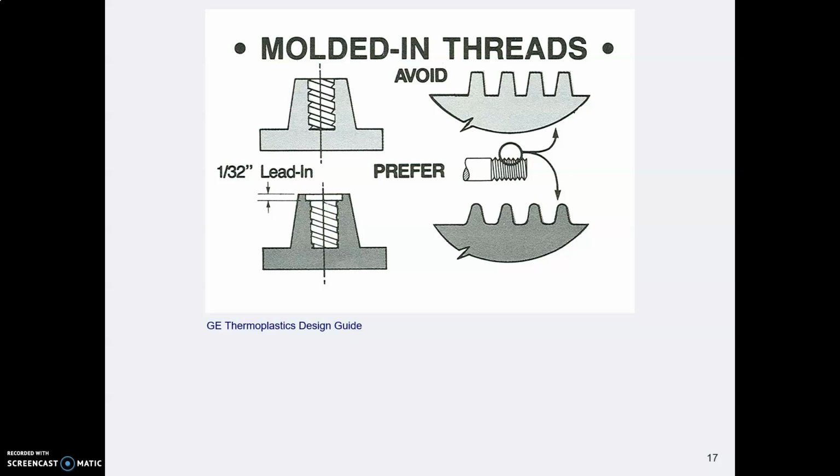You can also have molded in threads, and the way those are created are with mold inserts. So the tool and die maker, the mold maker, will place a retractable mold insert in the mold.